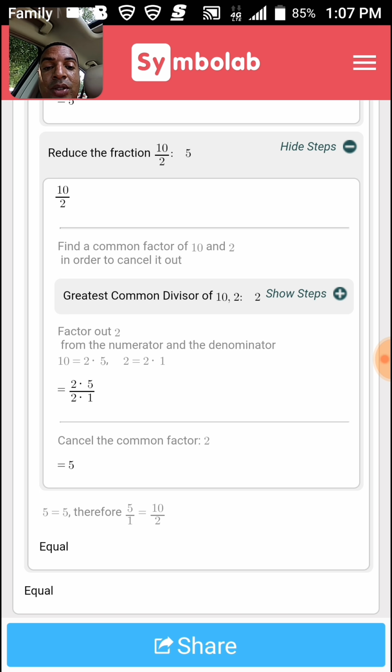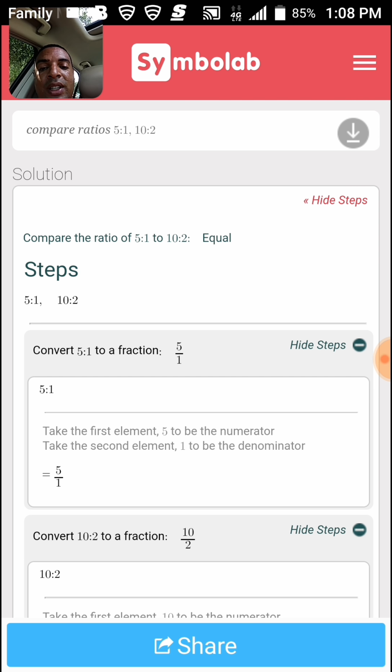The greatest common divisor of 10 and 2 is 2. Factor out 2 from the numerator and denominator. 10 equals 2 times 5, and the denominator is 2 times 1. The 2 cancels out, and we have 5, because 5 divided by 1 is 5. Therefore, 5 over 1 equals 10 over 2. Going back to the original problem, compare the ratios 5 to 1 and 10 to 2, and they are equal.